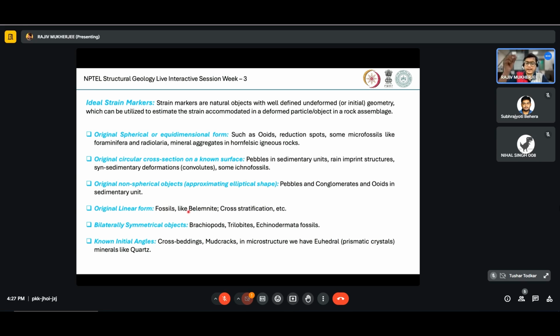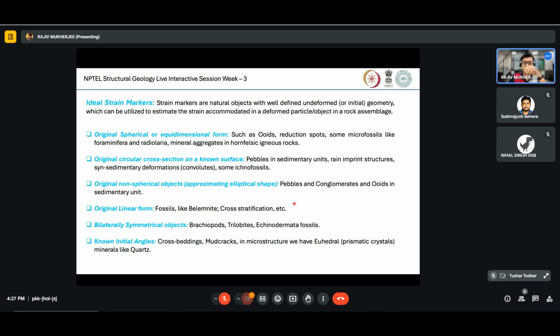They are long tubular structures, with a rod-like anatomy, and due to deformation, these shell fossils either get compressed or get extended, and from their stretching or shortening, we can actually estimate the strain.